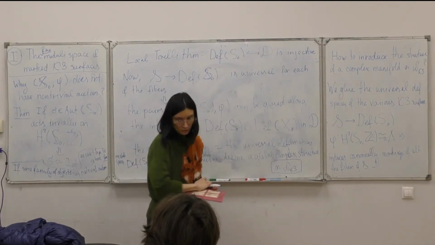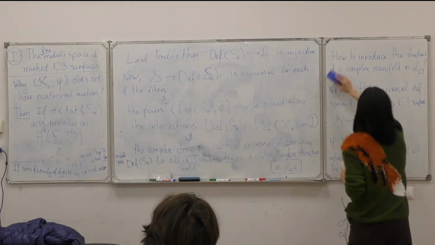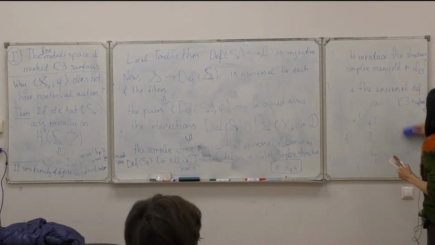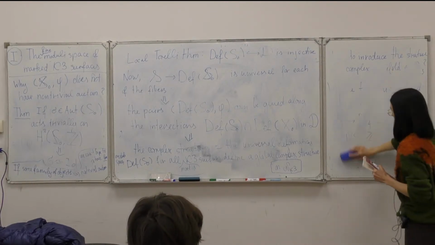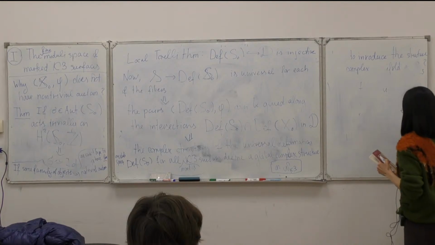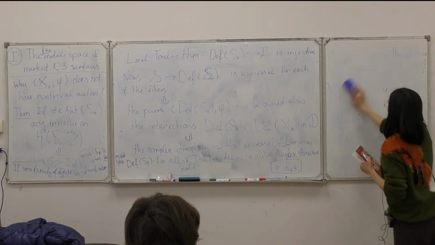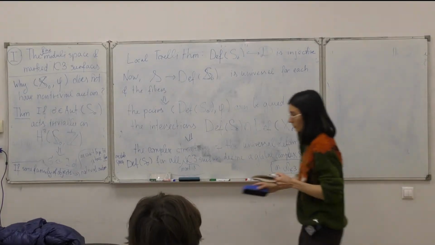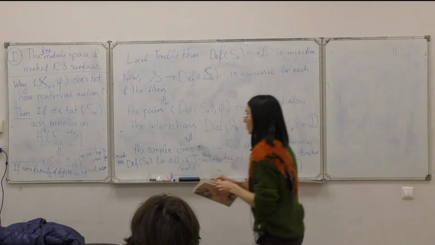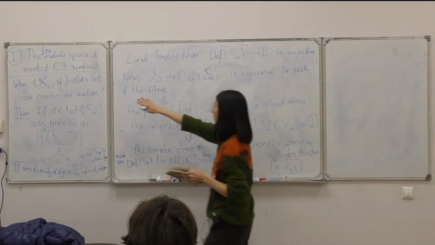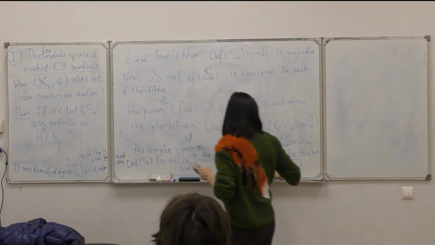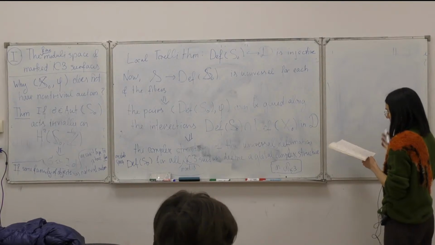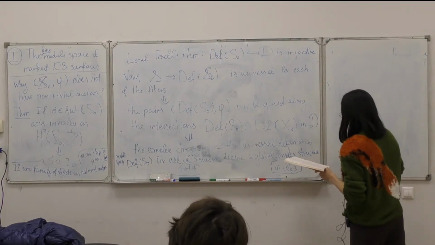So I explained why here we can have a fine moduli space, and now let me roughly explain how to obtain this universal family.